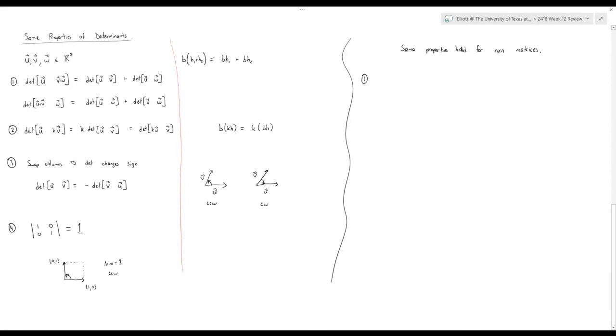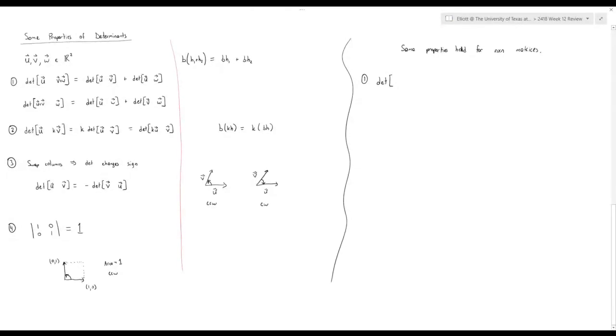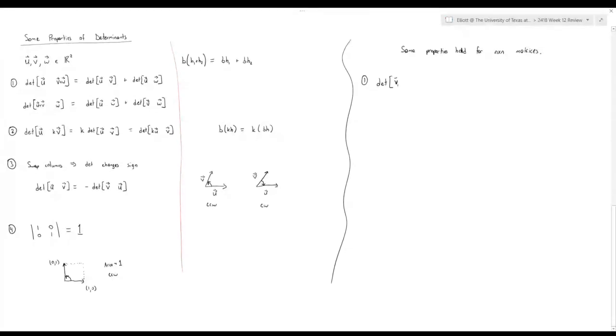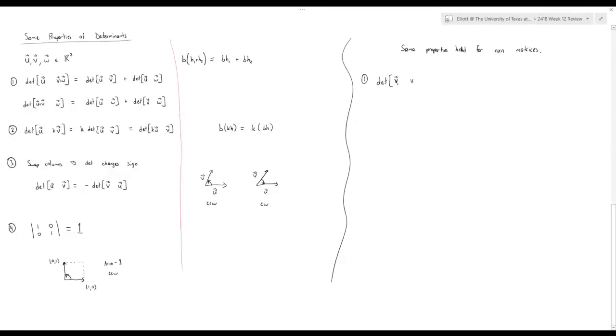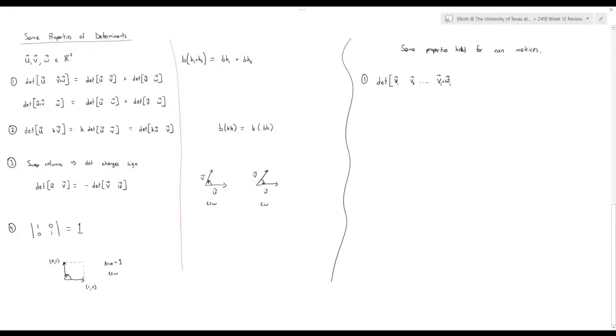It's a little bit harder to write these properties down when you have n columns, but I would write the first property something like this. You have an n by n matrix, so it'll have n columns. Let's say the first column I'll denote as a vector v1, the second column is v2, in the ith column we have a sum of 2 vectors like vi plus wi, and then the last column we'll call vn. Okay.